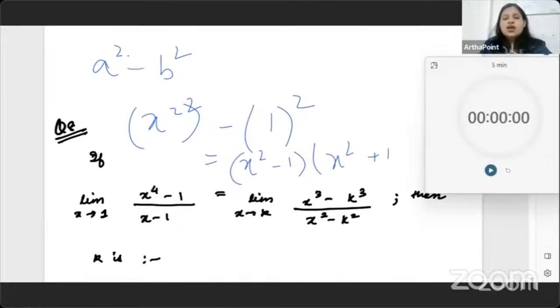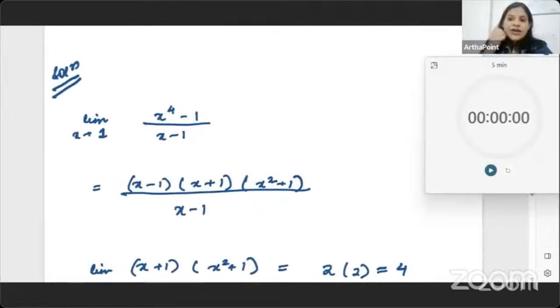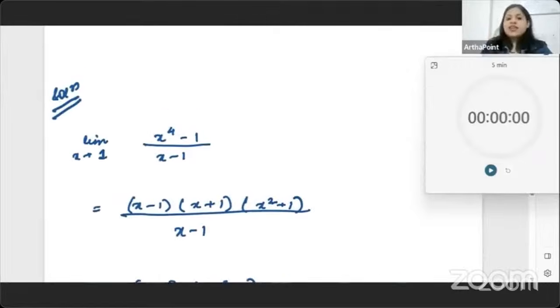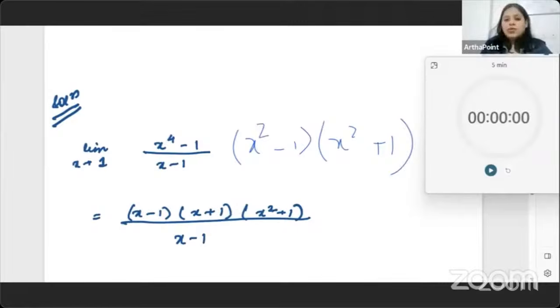First, x to the power 4 minus 1 can be written as x square minus 1 into x square plus 1. And then I have opened x square minus 1, and that has become x minus 1, x plus 1, right?